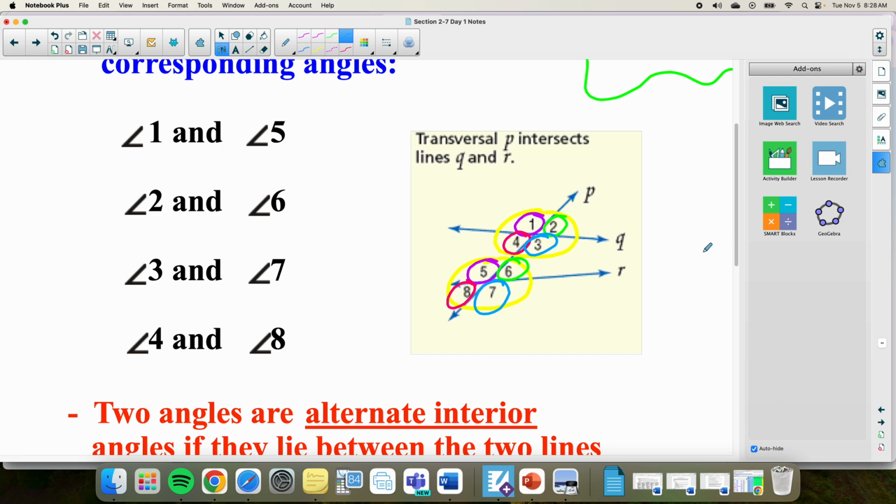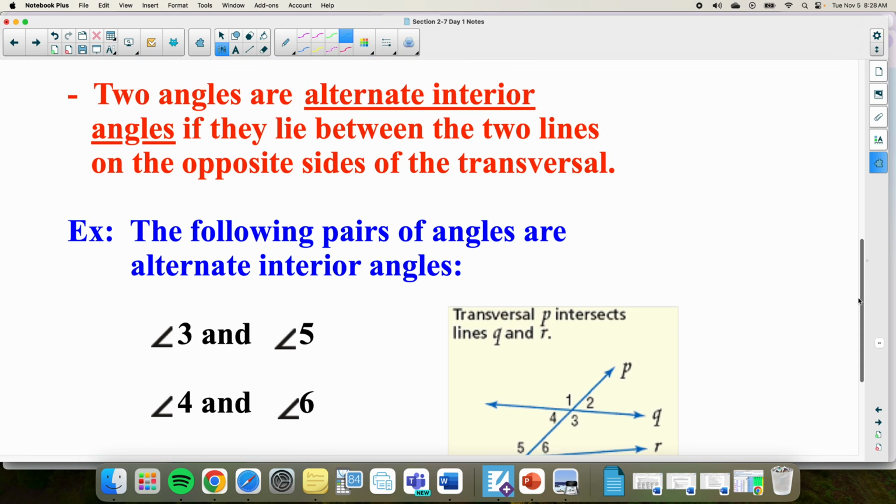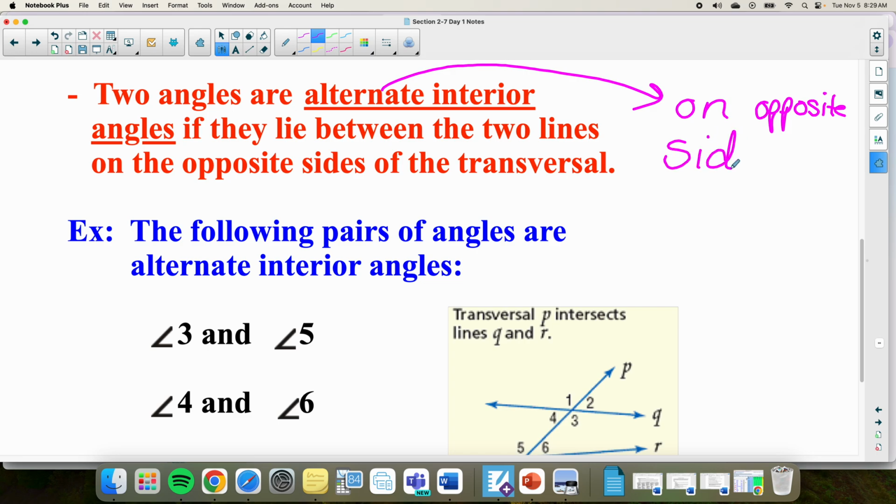Then when we go down, the next one that we're going to learn about is called alternate interior. And alternate, I want you to write off to the side, means on opposite sides of the transversal.